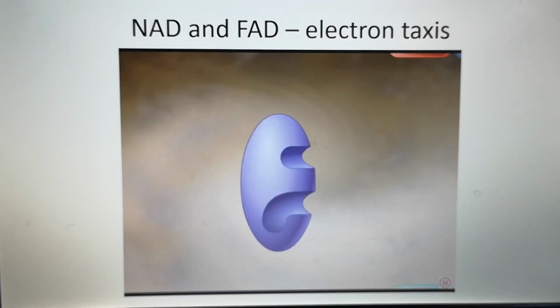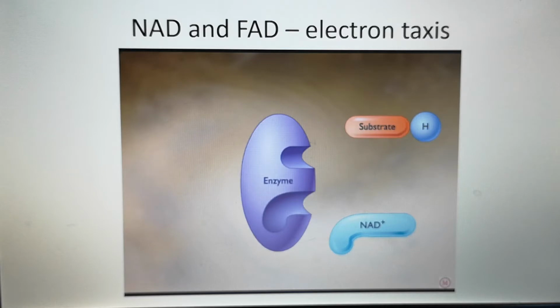Whenever a molecule is oxidized, hydrogens are removed, and another molecule must be reduced, hydrogens added to it. During an oxidation-reduction reaction in the cell, an enzyme is involved in transferring the hydrogen, proton plus electron, to a coenzyme called NAD+. This enzyme has a binding site for both the substrate and NAD+.